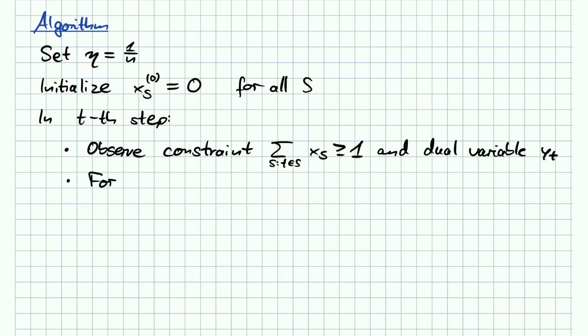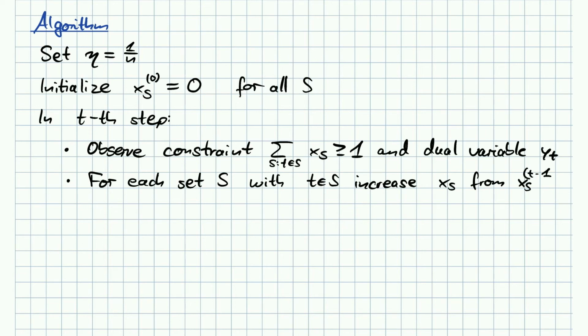And now what we'll do is for each set s that contains element t, we increase x_s from x_s at t minus 1 to x_s at t by the exact formula that we were given.